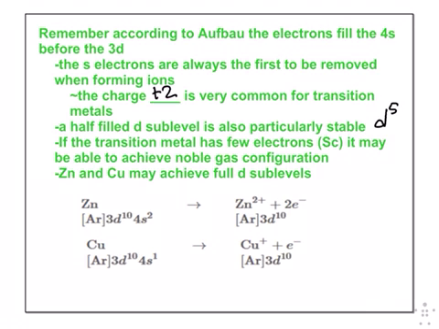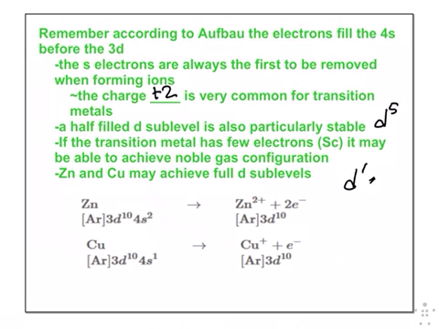If a transition metal has very few electrons, like, is it scandium, or did I write the right one? Yes, element 21, it may be able to achieve noble gas configuration because it has only 1 electron in that D sublevel. So that could be fairly easy for that single electron to be removed.